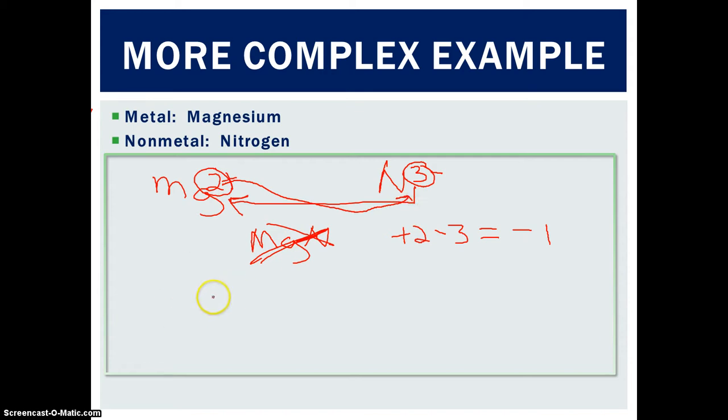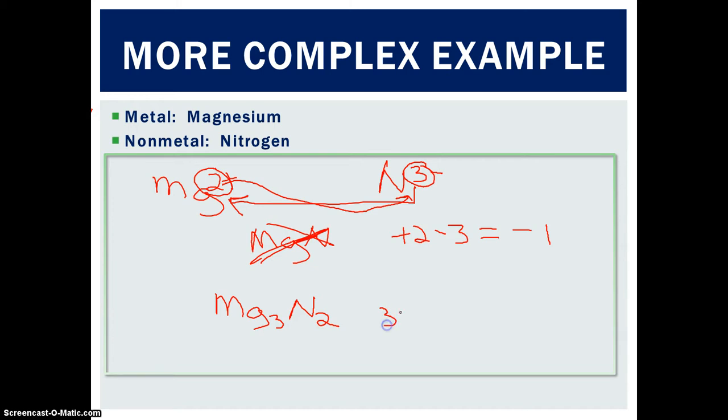What this looks like is magnesium with a subscript that's a 3. The 3 swapped and dropped. And nitrogen with a subscript that's a 2. What this means is I have 3 magnesiums bonded together with 2 nitrogens. Let's see if that makes a neutral compound.